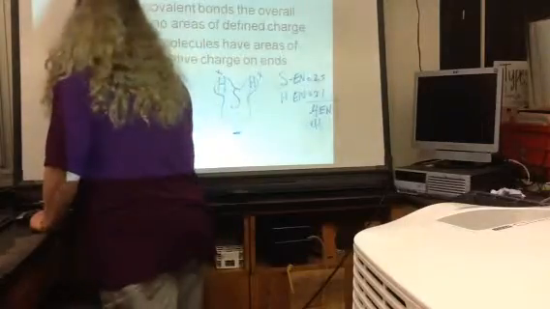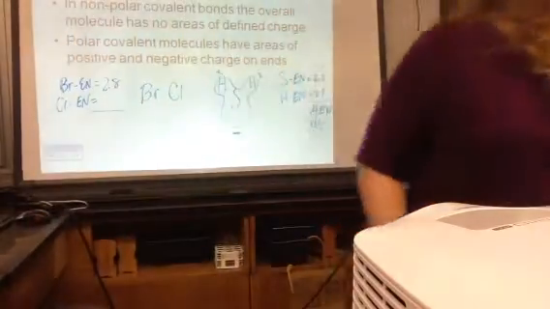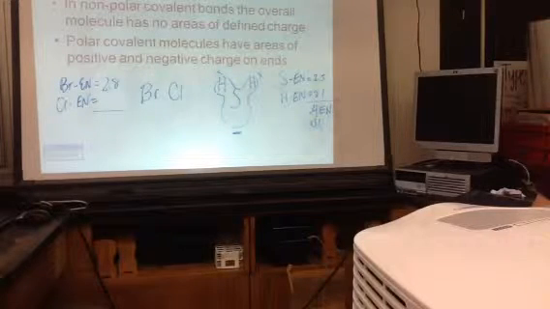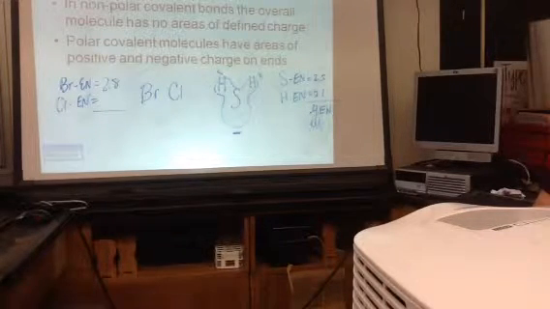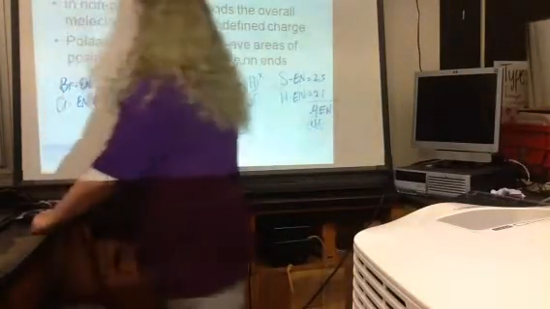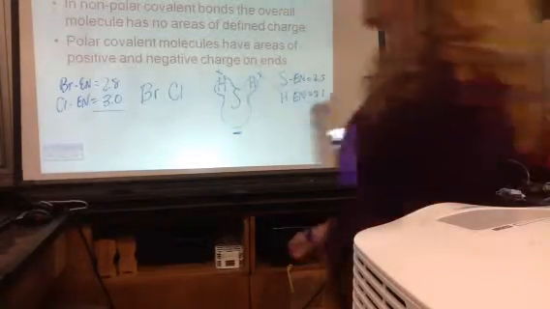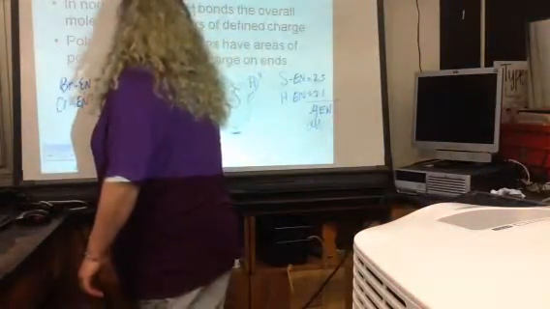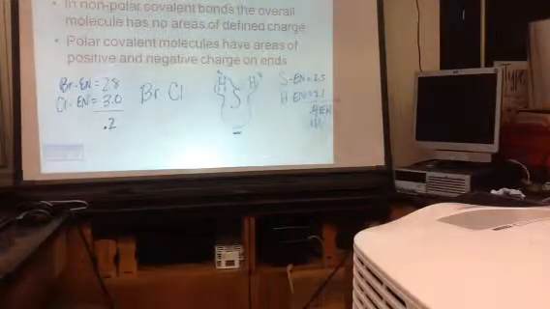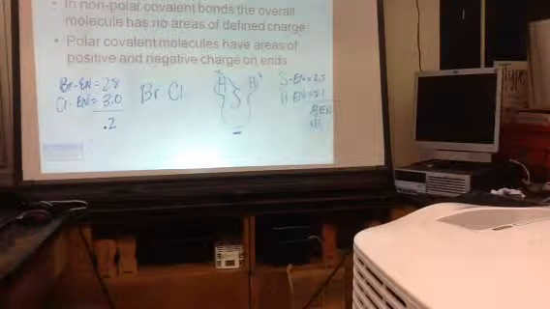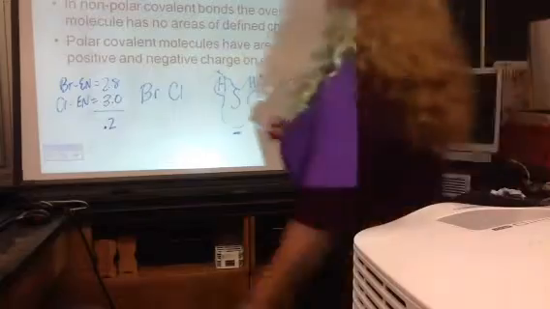What is chlorine's electronegativity? 3.0. So what's the difference in electronegativities there? 0.2. What kind of bond will we expect to form? Non-polar covalent. They're going to share their electrons pretty evenly.